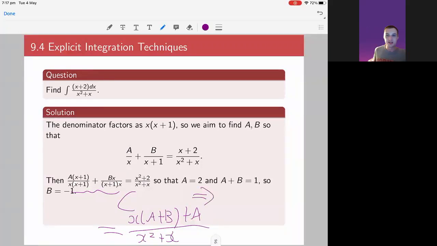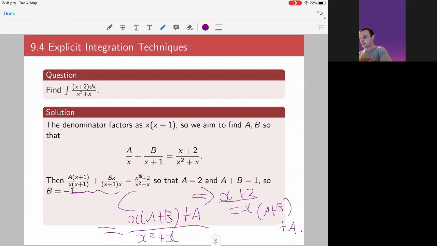Since the denominators are the same, that means that the numerators also need to be the same. So this means that x plus 2 is equal to x of a plus b plus a. Oh, there's not supposed to be a squared there. x plus 2 should be the same as x of a plus b plus a.